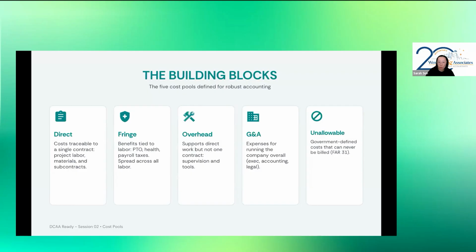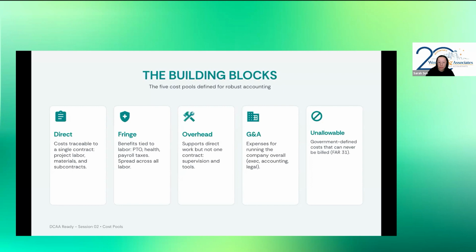And then the G&A pool, general and administrative expense, which basically supports the company as a whole, and could include accounting or executive salaries, legal, HR, or say general business insurance.